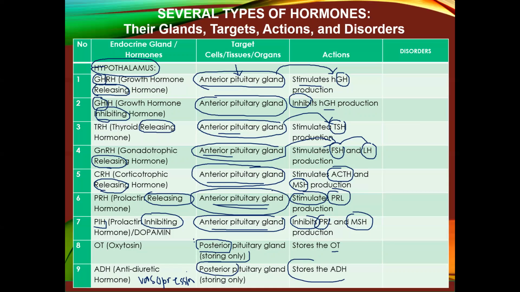So the posterior pituitary gland is considered the target for both oxytocin and ADH. While the anterior pituitary gland is the target of these 7 hormones produced by the hypothalamus.